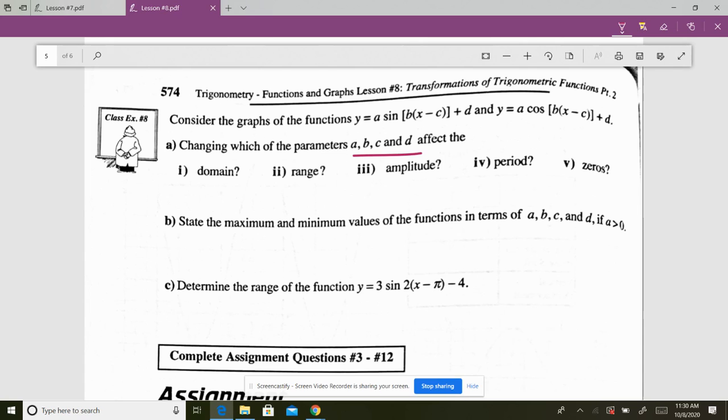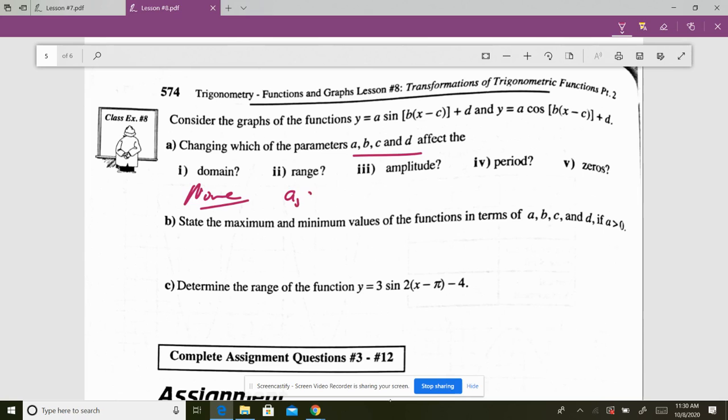No, they're just constants, right? So none of them will affect the domain. Which ones will affect the range? How high and how low you go? Which of A, B, C, or D would affect that? A and D, right? Because A will multiply it and D will shift it up or down.